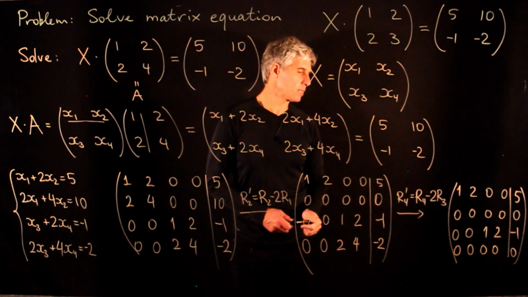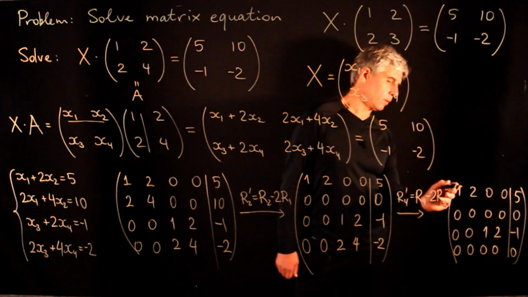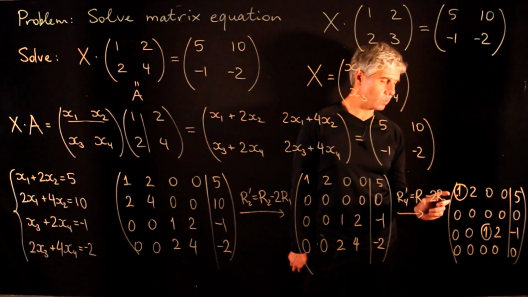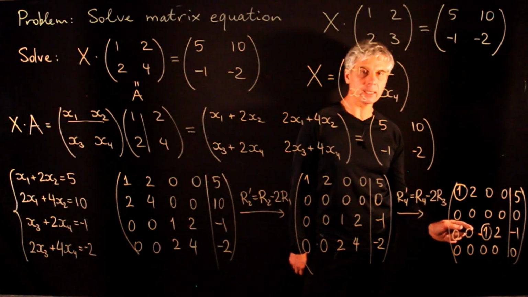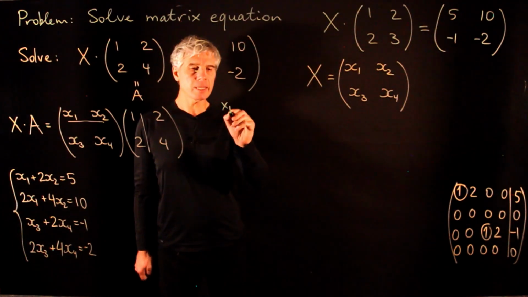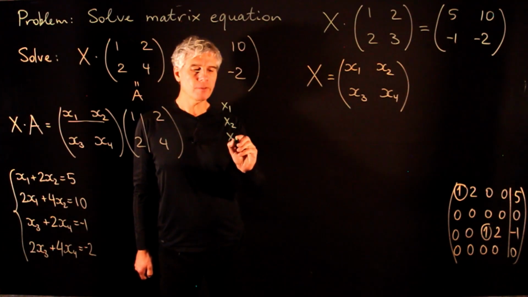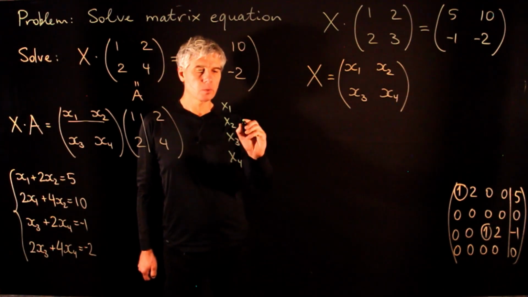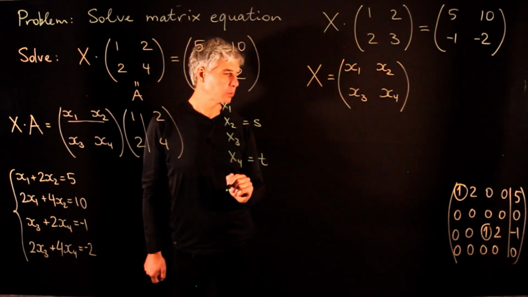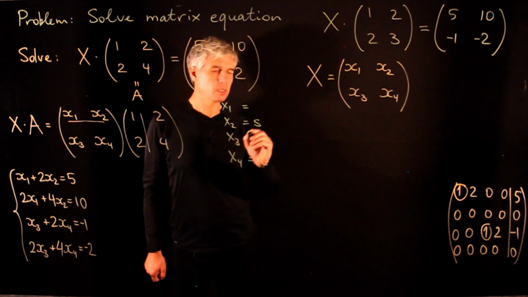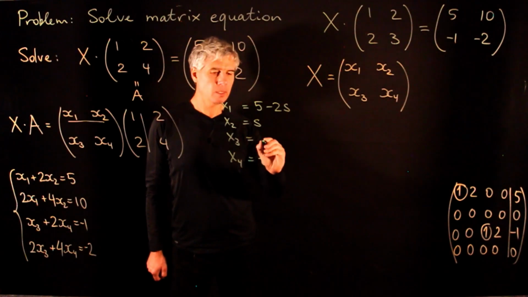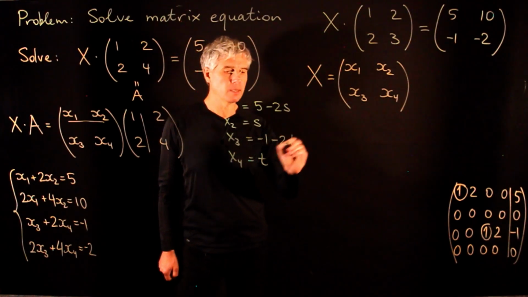And so let us now see that we have 2 pivots here. This means that the variables x1 and x3 are leading, and the variables x2 and x4 are free. So we assign parameters to free variables. We say that x2 is equal to s, and x4 is equal to t. Then x1 is equal to 5 minus 2s, and x3 is negative 1 minus 2t.